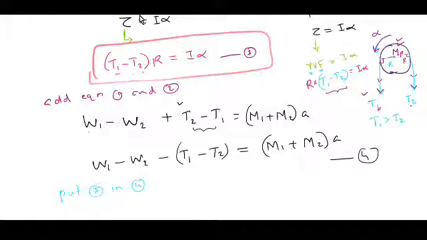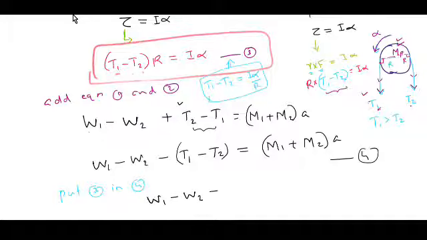Then equation 3 I can write as T1 minus T2 is equal to I alpha divided by R. This is nothing but equation 3. Put that equation here. Therefore, W1 minus W2 minus, instead of T1 minus T2, substitute I alpha divided by R, is equal to M1 plus M2 into A.